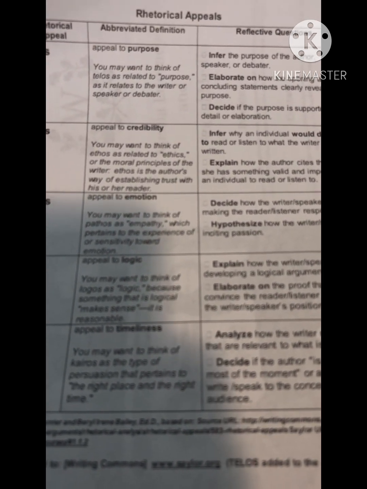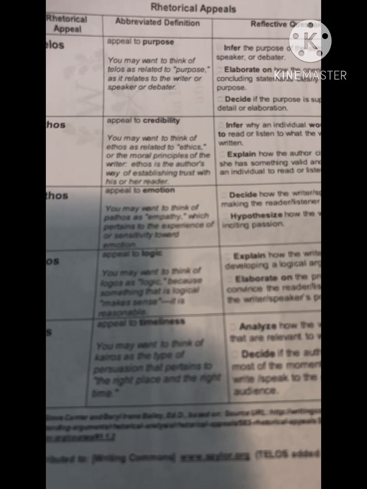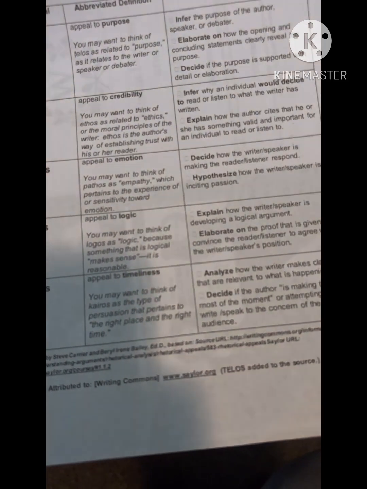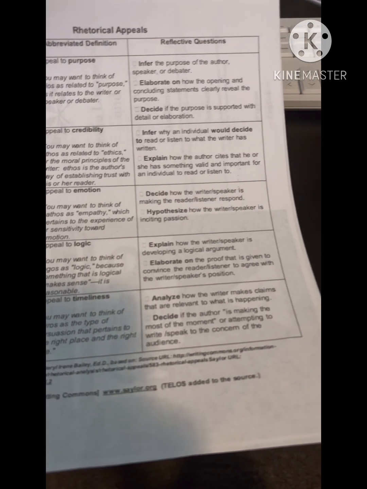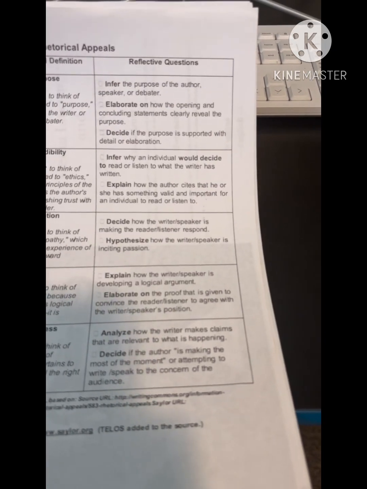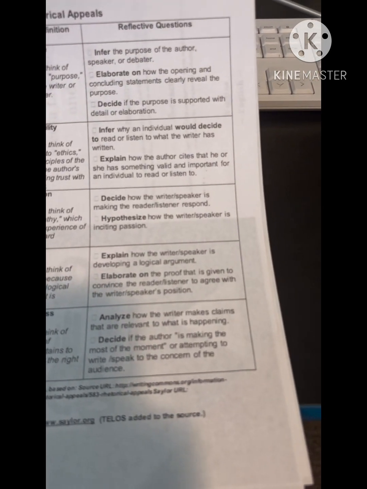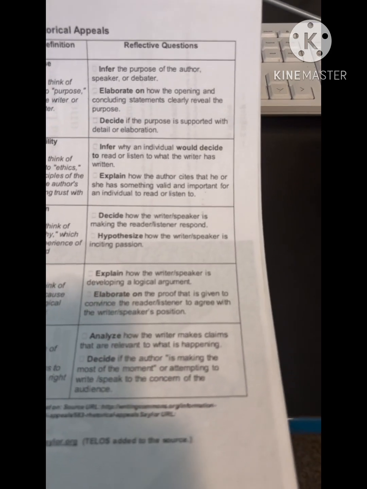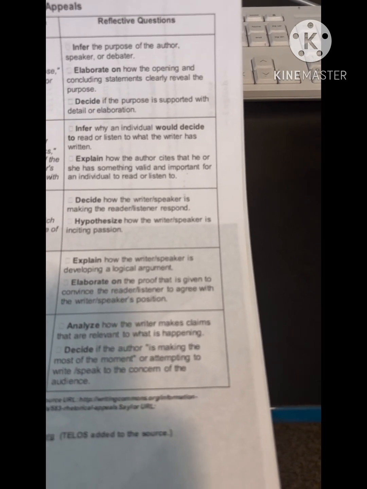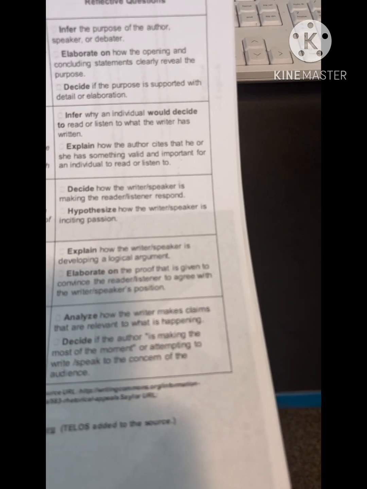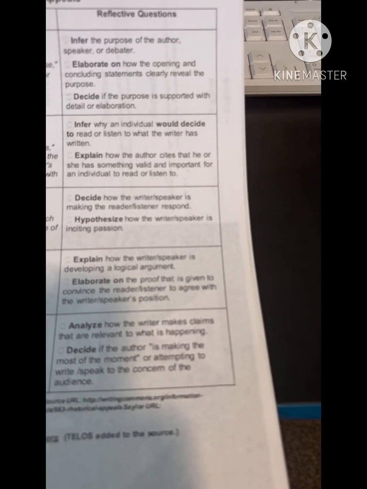You may want to think of ethos as related to ethics or moral principles of the writer. Ethos is the author's way of establishing trust with his or her reader. And then for the reflective question for ethos, we have infer why an individual would decide to read or listen to what the writer has written. Explain how the author cites that he or she has something valid and important for an individual to read or listen to.